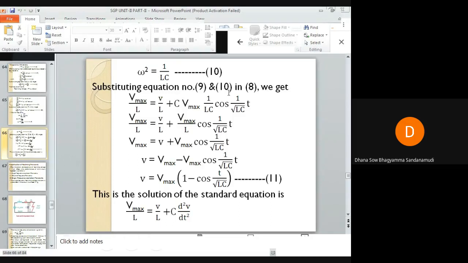Wherever omega and omega square appear in equation number 8, substitute these values. Instead of omega square, I have written 1 by LC, and instead of omega, I have written 1 by root LC. So we have substituted 9 and 10 in 8.